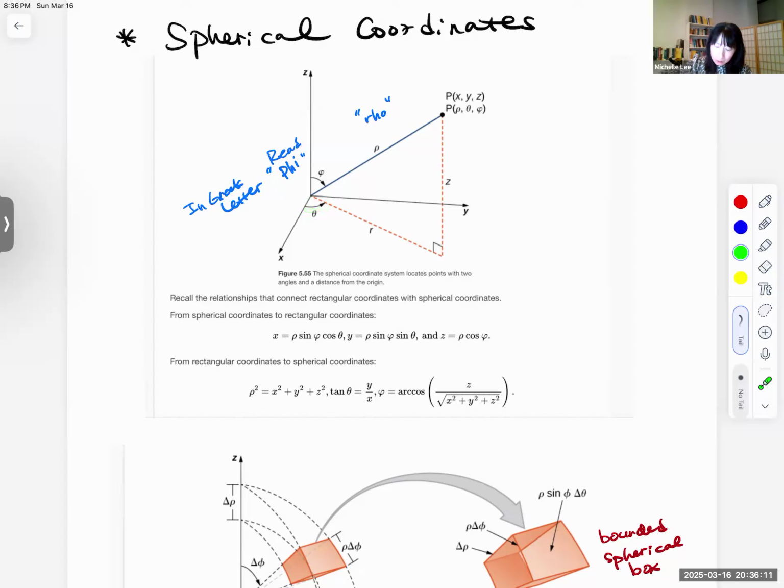Then we have the Greek letter phi, which we measure from the positive z-axis. And then we have the distance rho from the origin to the point P.